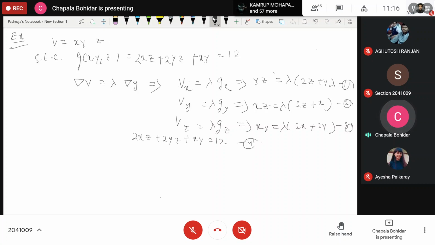By solving here, we have 4 equations, 4 unknowns. By solving this, we can get the value of x, y, z, and lambda. Now multiply x in equation 1, y in equation 2, and z in equation 3.